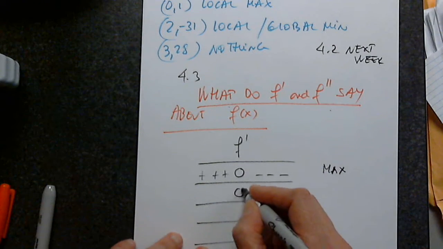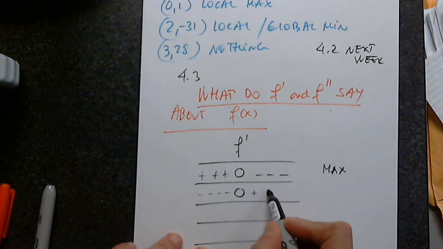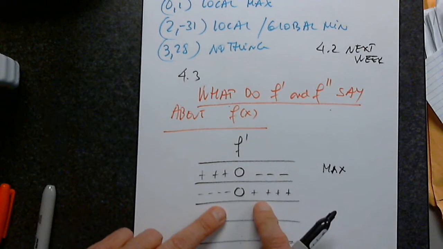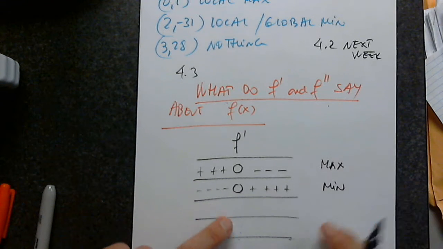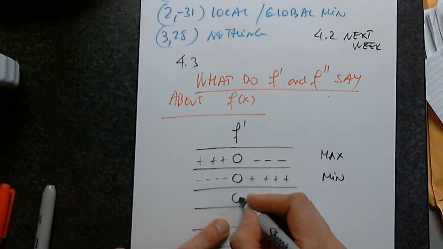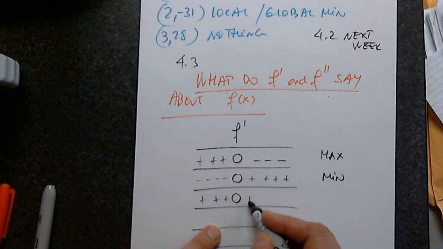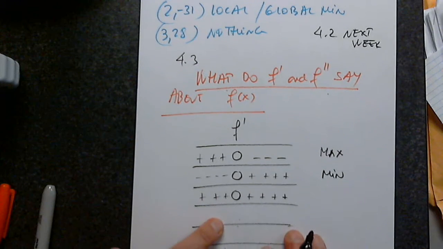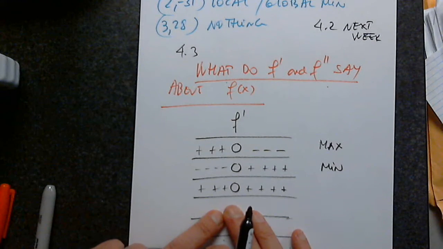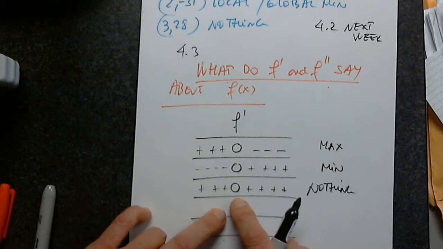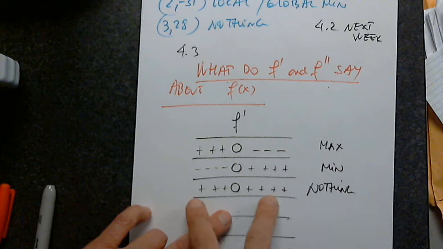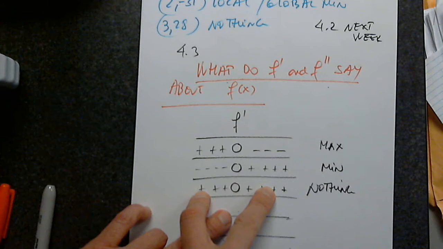What if the derivative is 0, but the signs of the derivative change like this? Min. What if the derivative is 0, but we have this? What will that represent? Nothing. Although this is a critical number, because the derivative does not change sign.